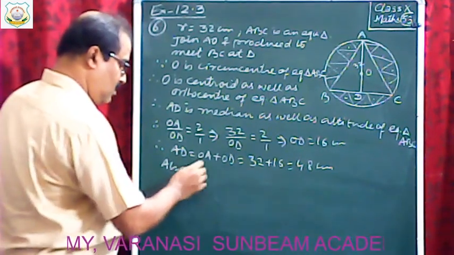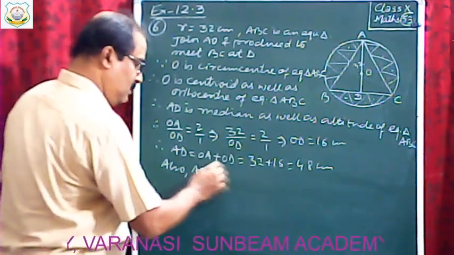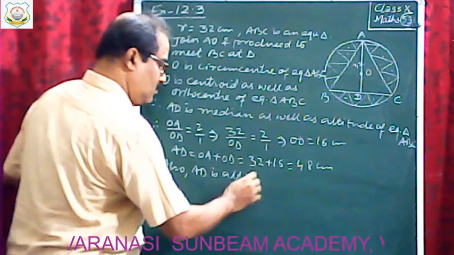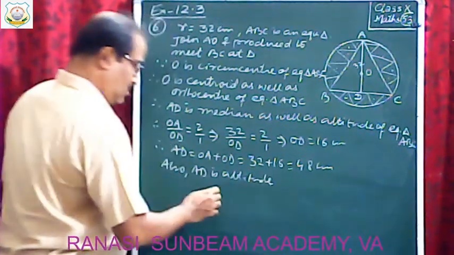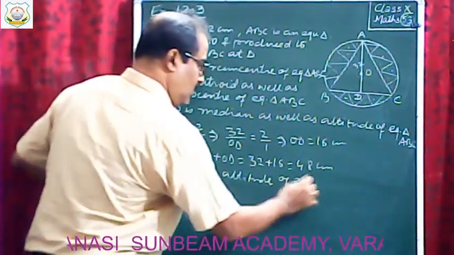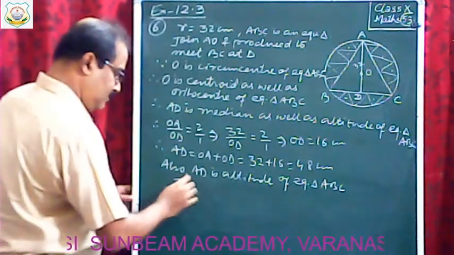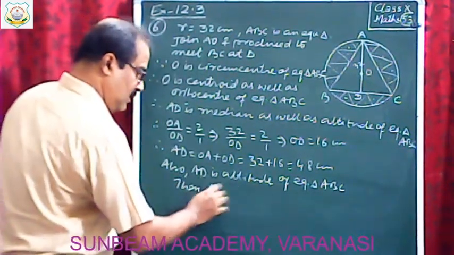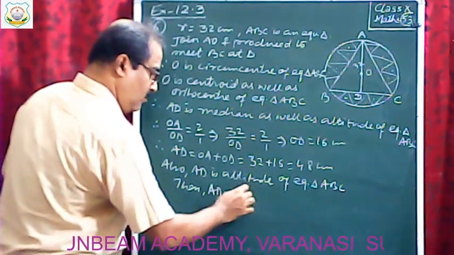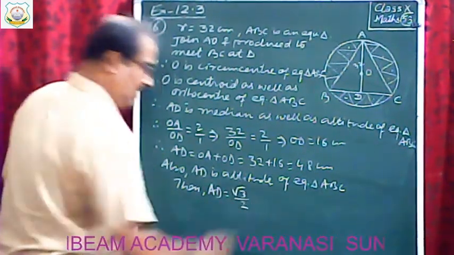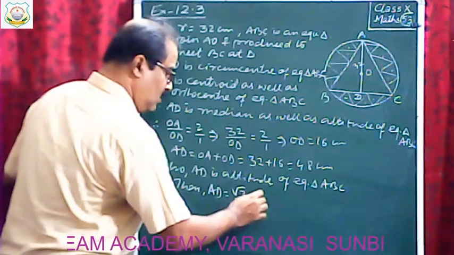Also AD is the altitude of equilateral triangle ABC. So AD equals the formula for the height of an equilateral triangle, root 3 by 2 into side.